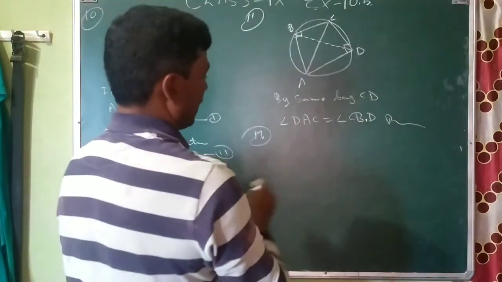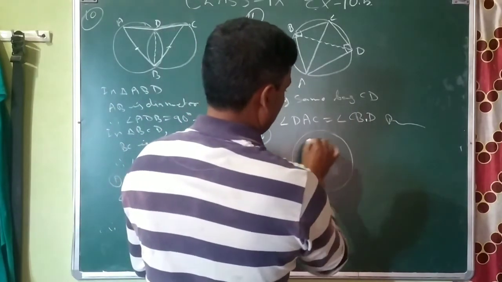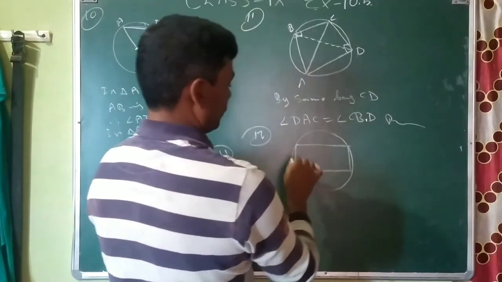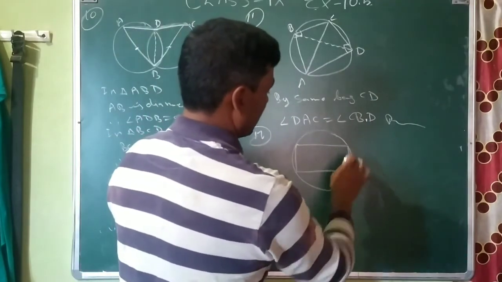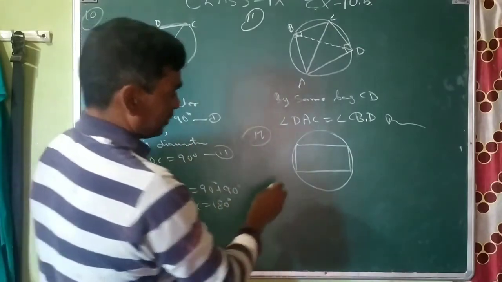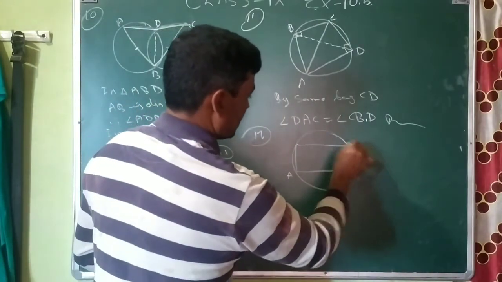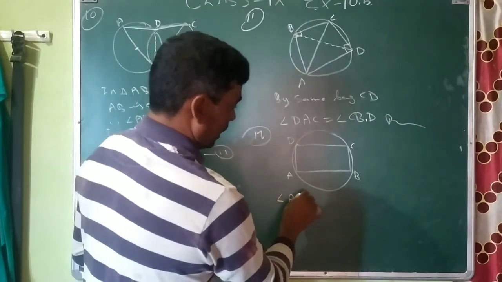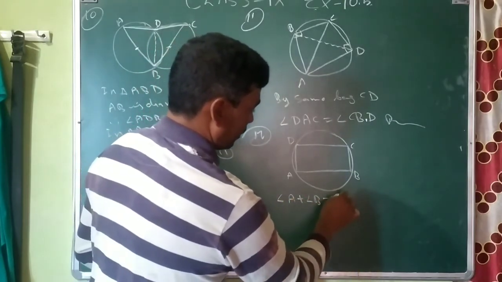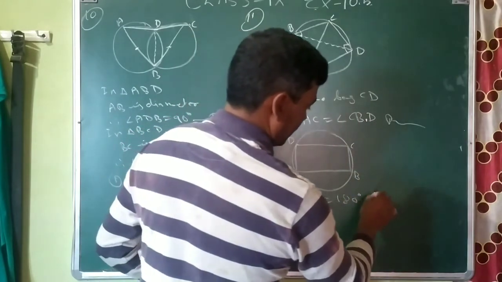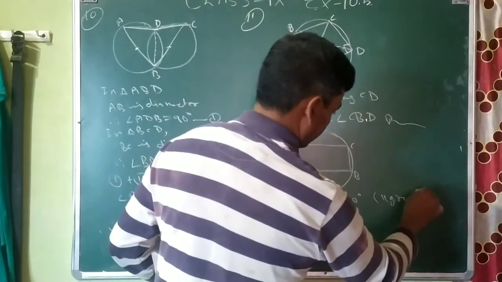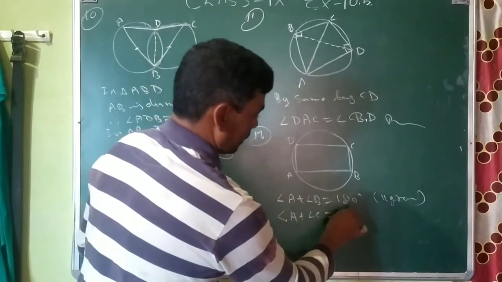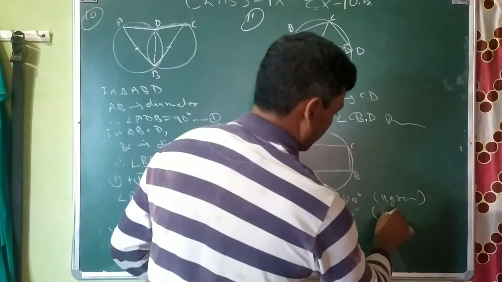A cyclic parallelogram is a rectangle. That is a parallelogram, that is cyclic also. ABCD: angle A plus angle B is equal to 180 degrees by parallelogram. Then angle A plus angle C is equal to 180 degrees by cyclic.